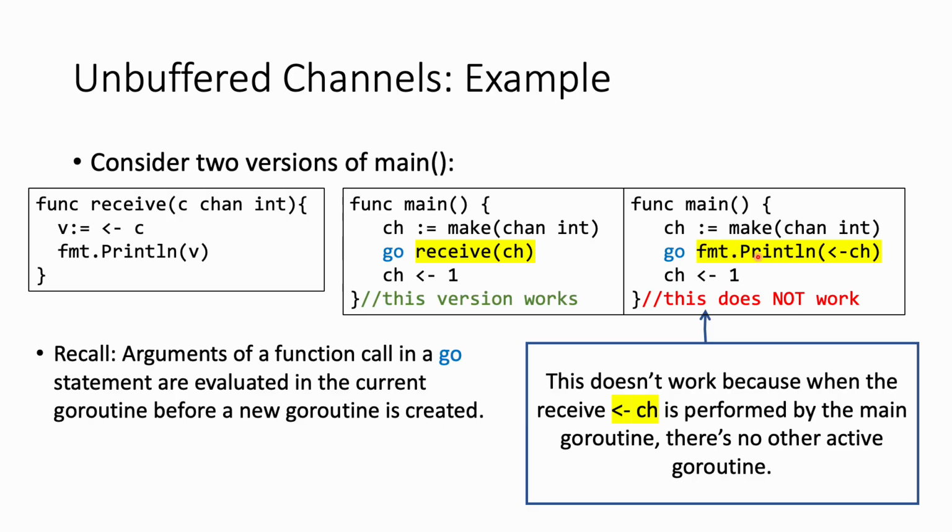So in this second version of function main, the argument of the Println function, which is the receive operation, is evaluated by the main goroutine, at which point a new goroutine has not been created. So for sending and receiving on unbuffered channels to work, we need to make sure that there are synchronizing goroutines on the same channel.